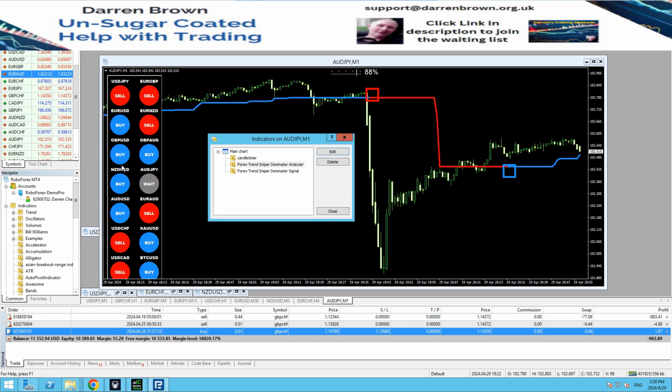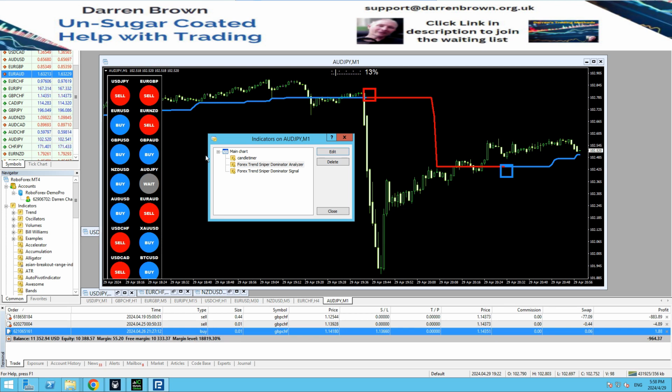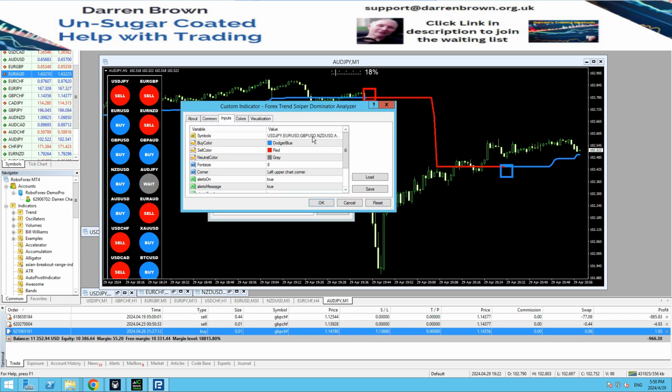Going back to what it says inside the template, for argument's sake, if Euro USD had an I on the end, for you to change this it's exactly the same thing. Right mouse click, edit, look for your Euro USD. So you just scroll through until you find it.